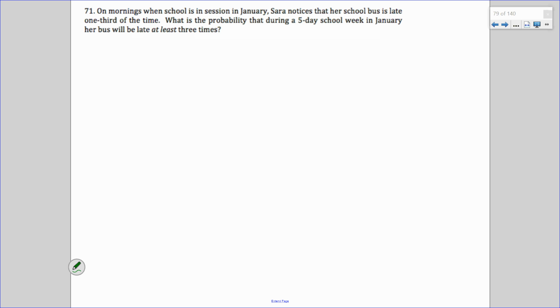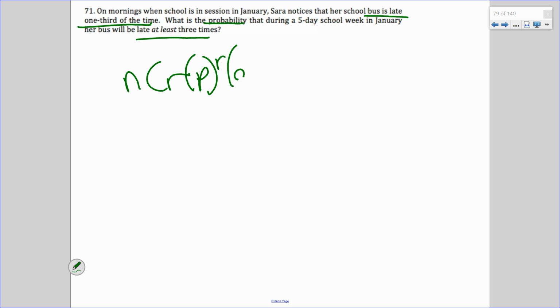Mornings when school's in session in January, Sarah notices that her bus is late 1/3 of the time. What is the probability that during a 5-day school week in January, her bus will be late at least 3 times? Out of 5, I want 3. That's nCr. Because I want a probability, that's my nCr, p^r, q^(n-r).